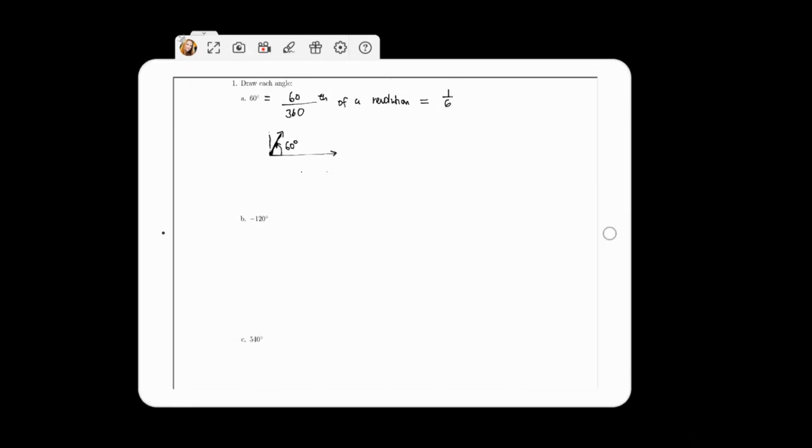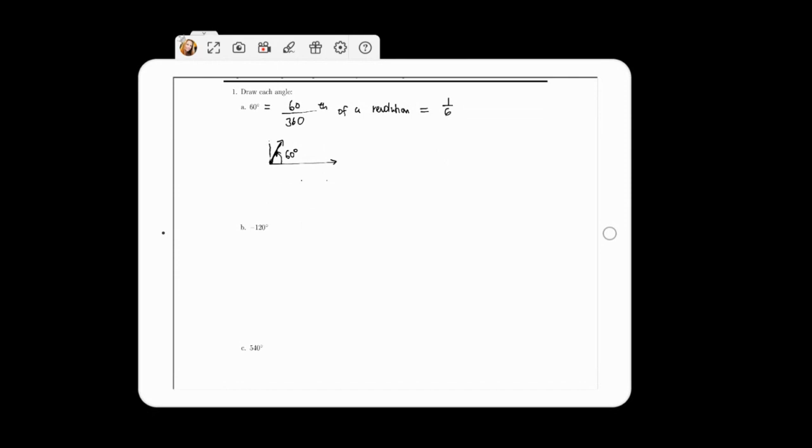Compare that to part B, negative 120 degrees. Because it's negative, we know that it's going to be clockwise. Negative 120 over 360 is equal to negative 1/3, so it's going to be 1/3 of a revolution. This is more than 1/4, which is 90. So basically, this is our initial side. This is negative 90.